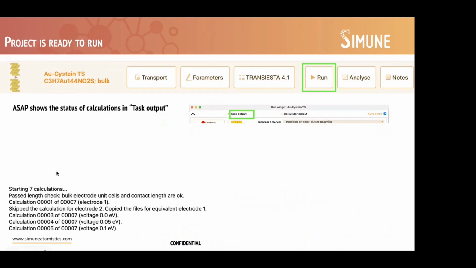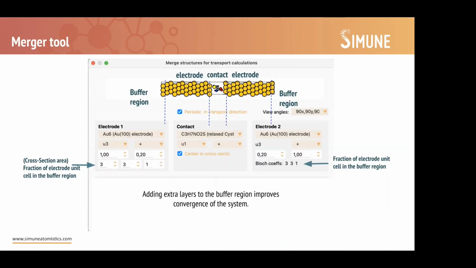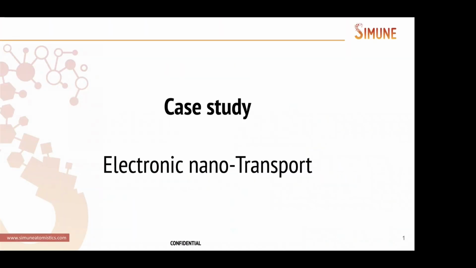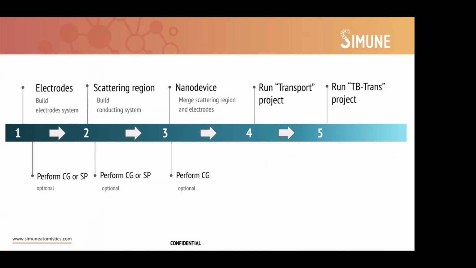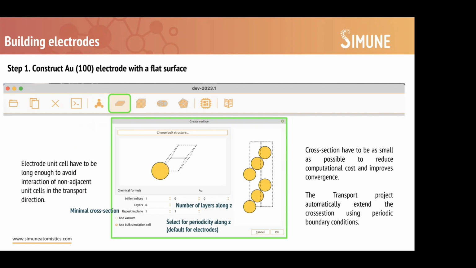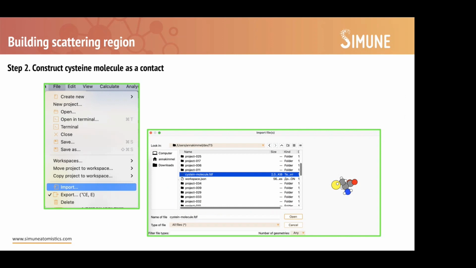Right. So we can see another case study which I prepared for a bit more sophisticated system. Essentially, this system will be gold electrodes with the cysteine molecule as a contact.